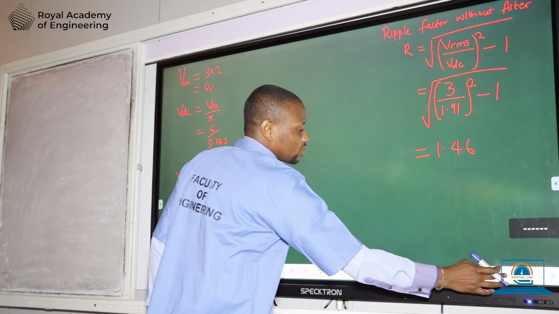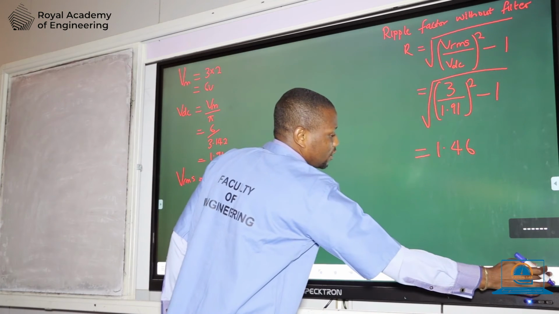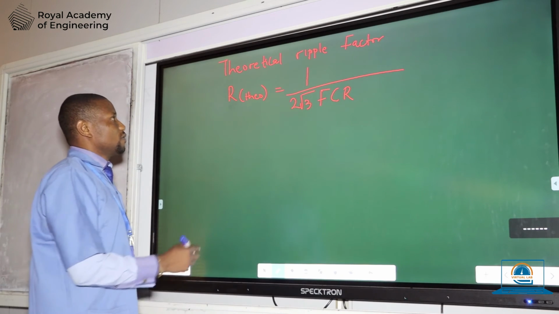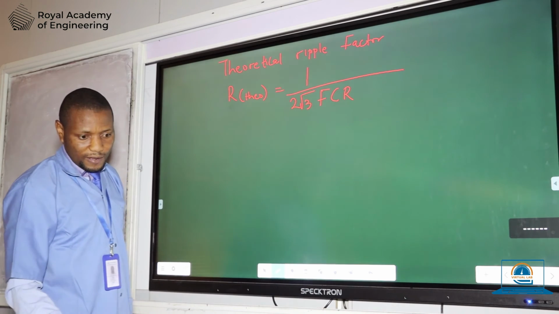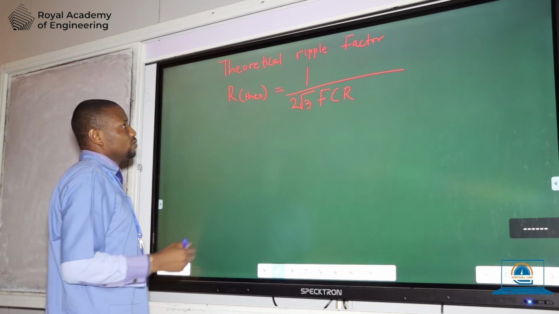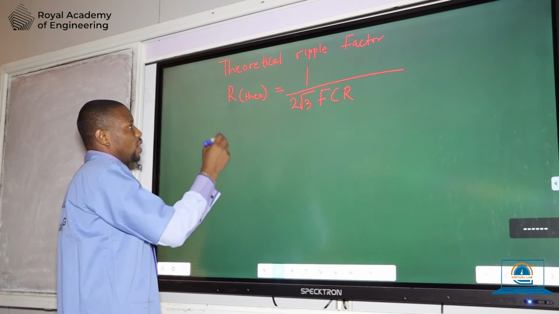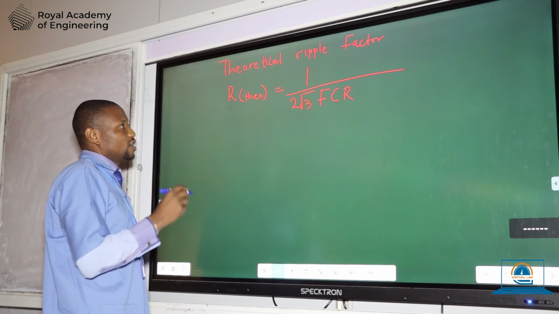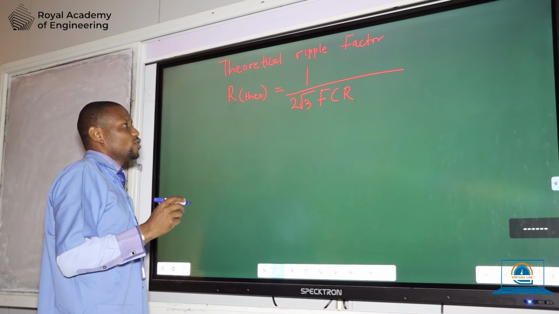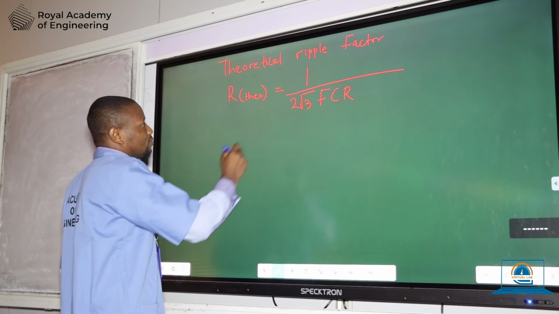And also to calculate the theoretical factor, it's given in this form with this formula. Okay, 1 all over 2 root 3 frequency multiplied by capacitor value multiplied by resistor value.